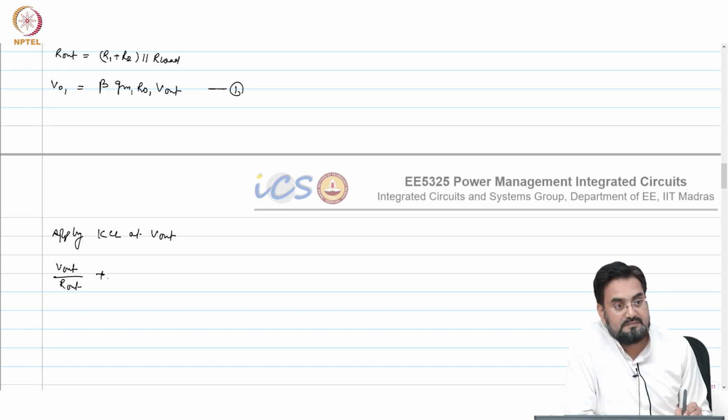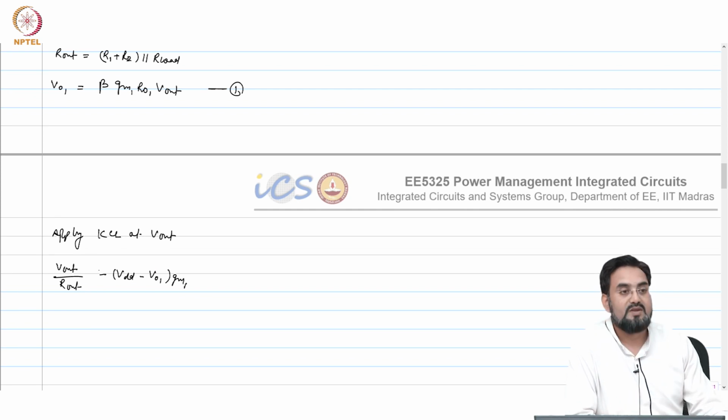VDD minus VO1, times GM2, and this current will go inside, so it will become minus, correct?